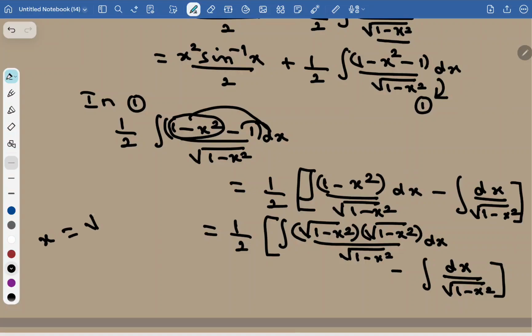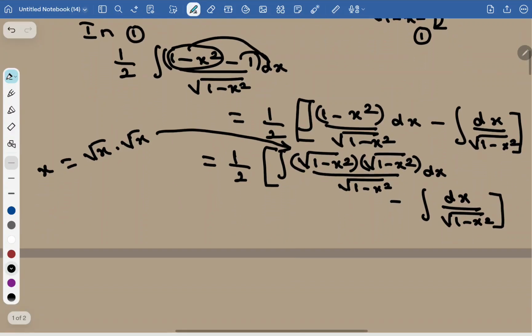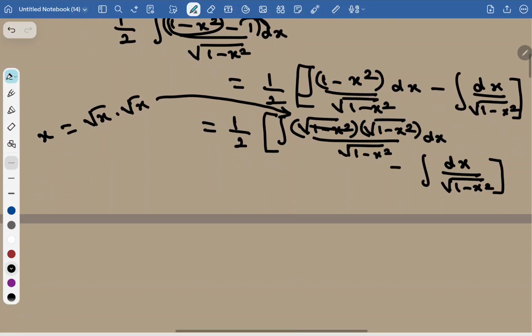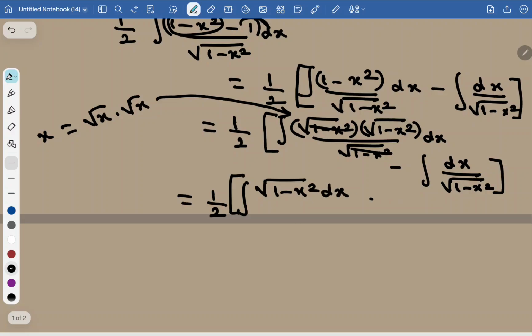1 minus x square can be written as root of 1 minus x square into root of 1 minus x square. These two will get cancelled. The remaining term is 1 by 2 integral root of 1 minus x square dx minus integral dx by root of 1 minus x square.